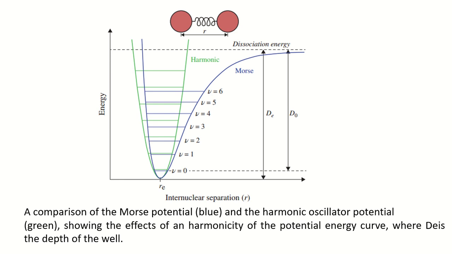It is a comparison of the Morse potential, in blue, and the harmonic oscillator potential, in green, showing the effects of anharmonicity of the potential energy curve on the rise and path of the well.